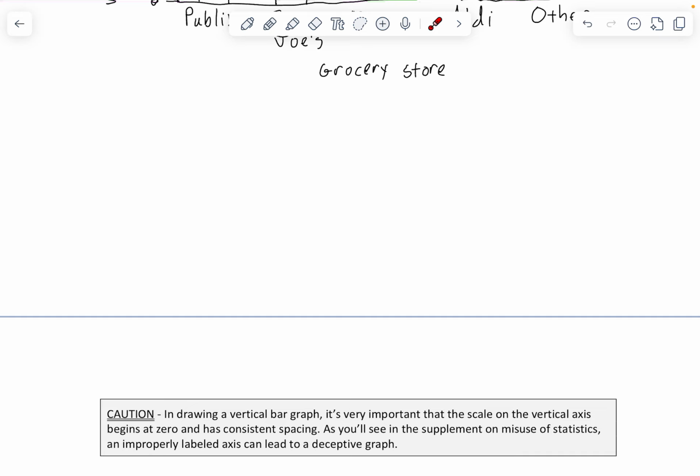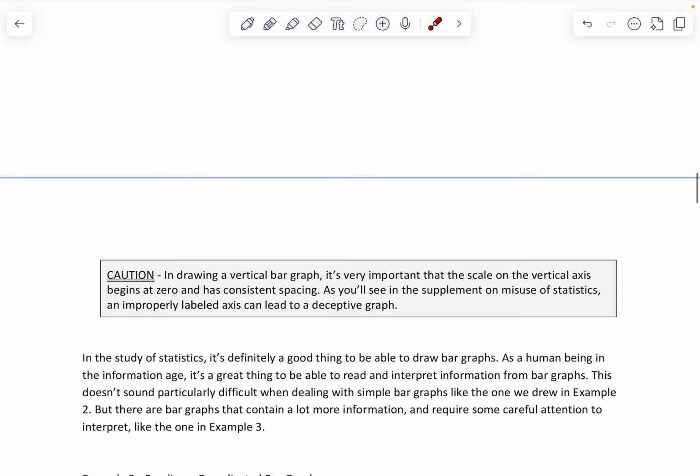It's a common way to try to doctor data or present it in a way that makes it look a little different from how it actually is. An improperly labeled axis can lead to a very deceptive graph. It can basically show data trends that look much more significant than they actually are. So that's just an important word of caution.